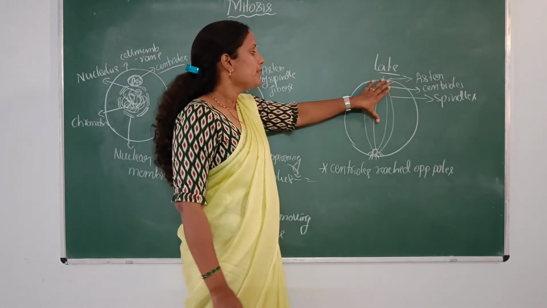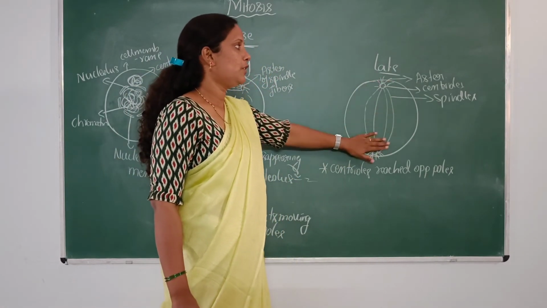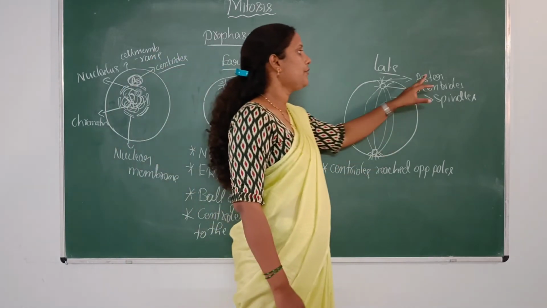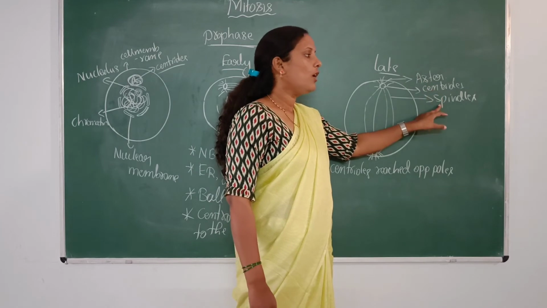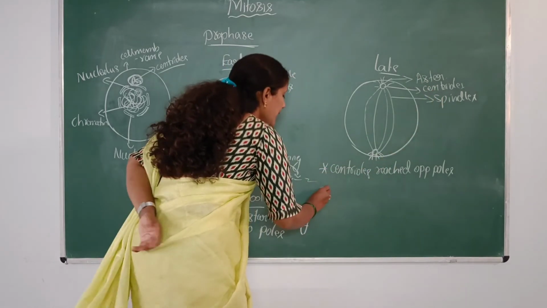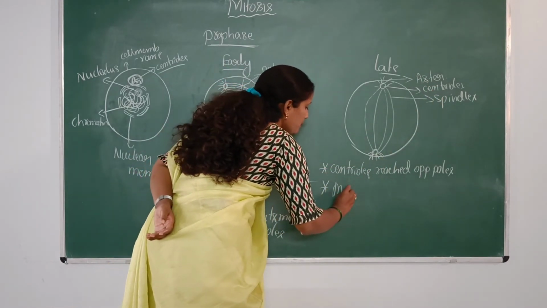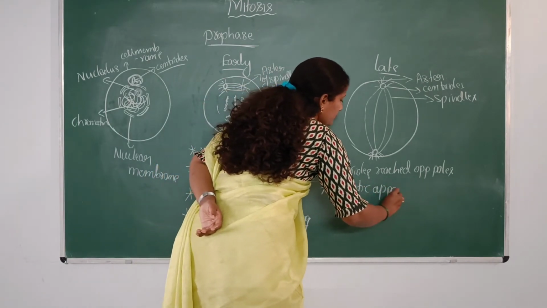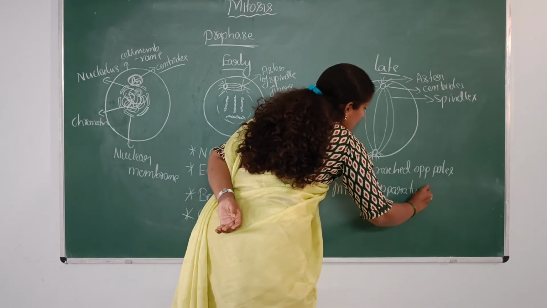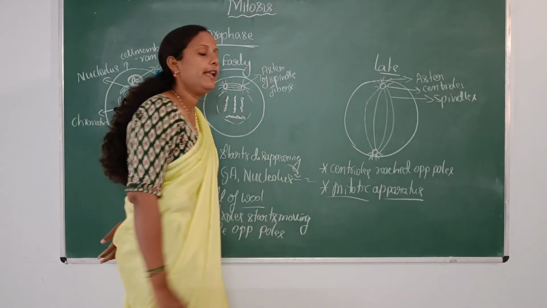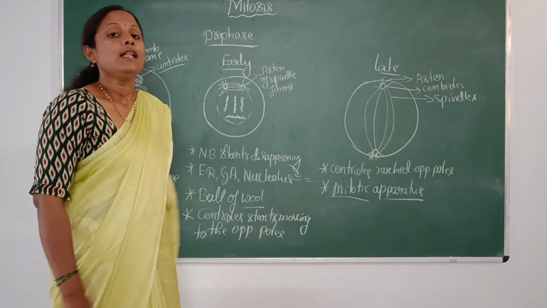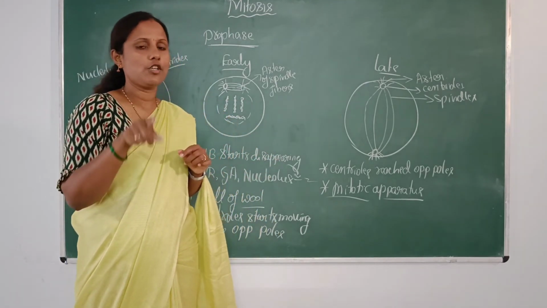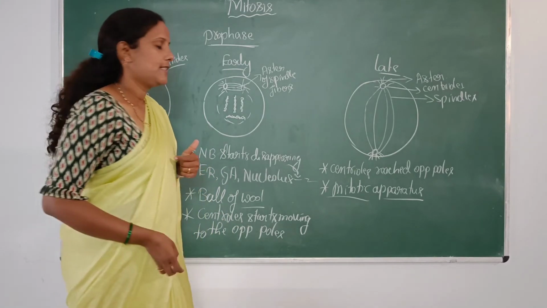And this apparatus, consisting of aster, centriole and the spindle fibers, is named the mitotic apparatus. And this mitotic apparatus is very important for the separation of chromosomes, which we should understand in the metaphase.